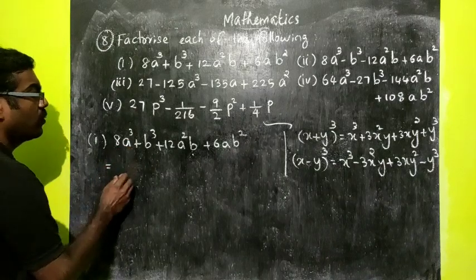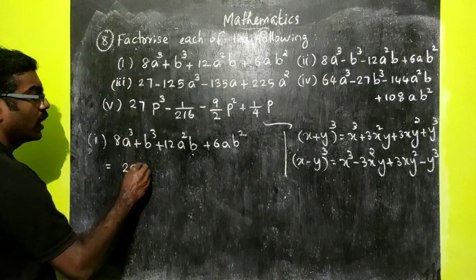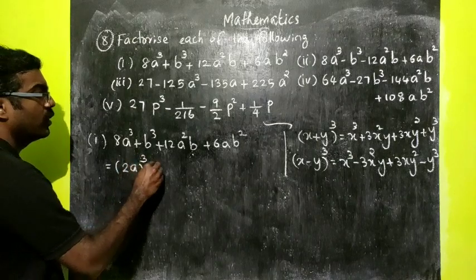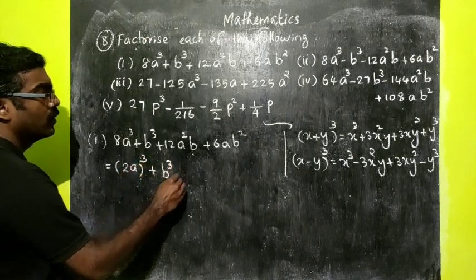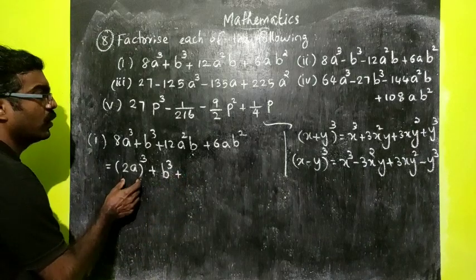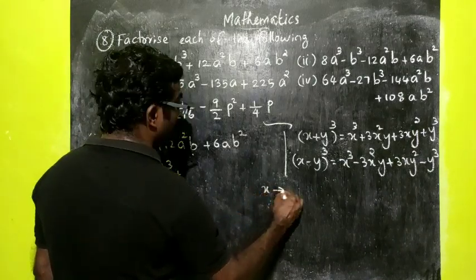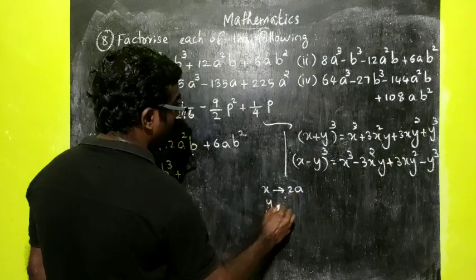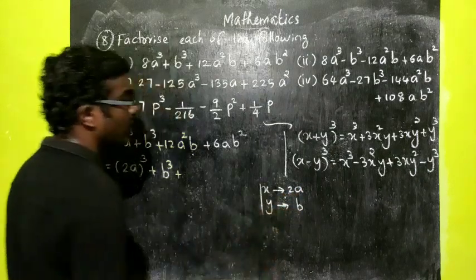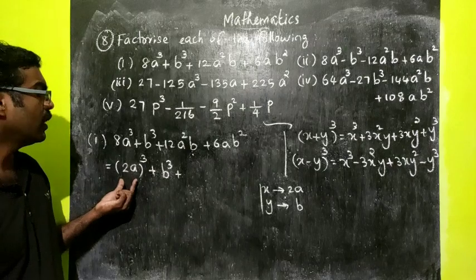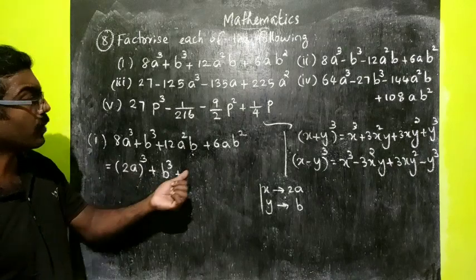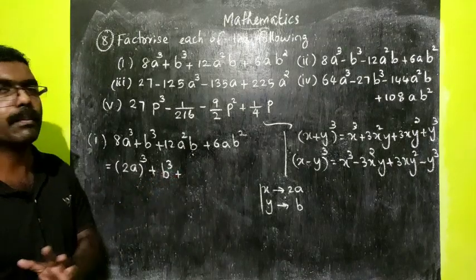So 8a cube can be written as (2a) the whole cube, then plus b cube. So x cube, y cube. Here the x value is 2a and the y value is b. In the place of x it is 2a and in the place of y it is b.